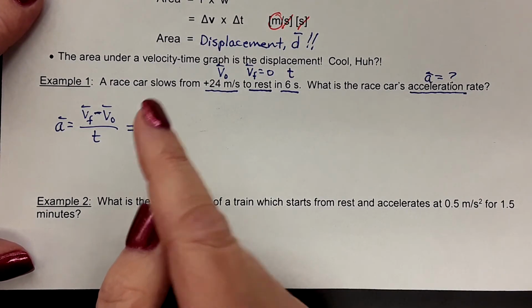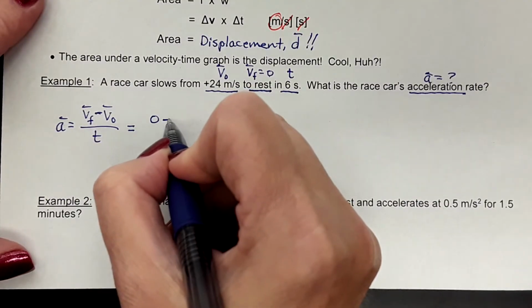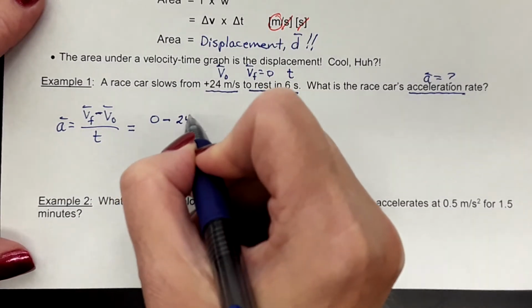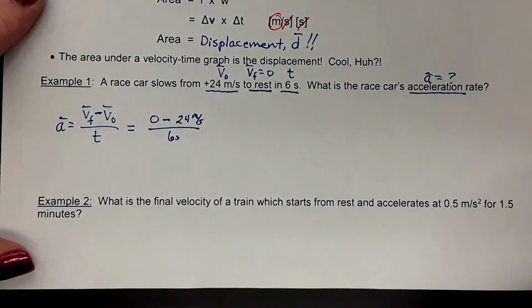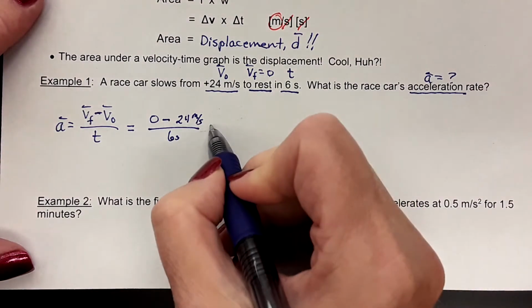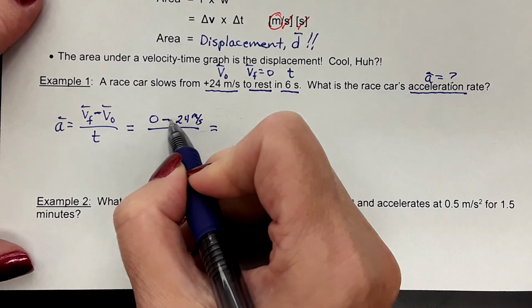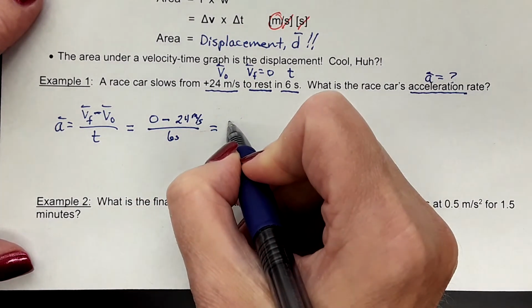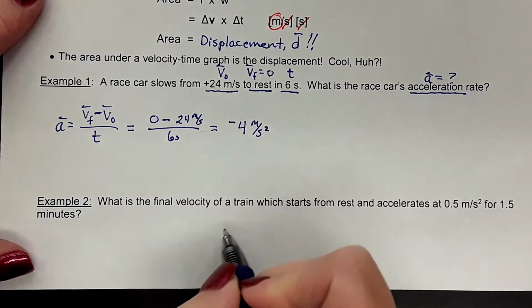Got it? Okay. 0 is the final velocity minus 24 meters per second over 6 seconds. Notice the seconds are going to add together like we talked about on the front. And this is easy. 24 divided by 6 is 4. And we've got that minus sign right there. So negative 4 meters per second squared.